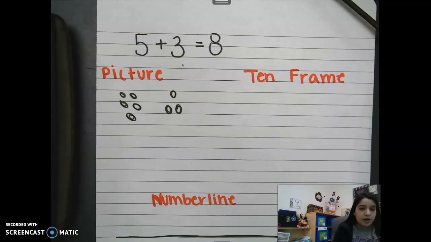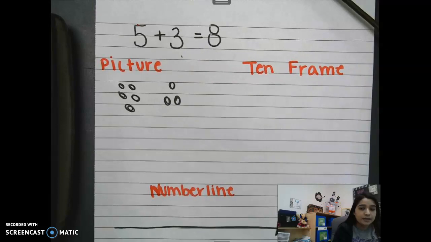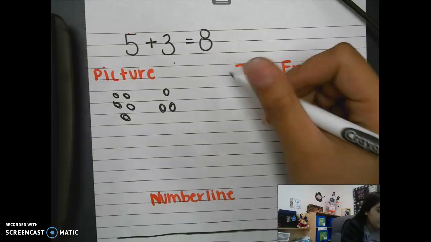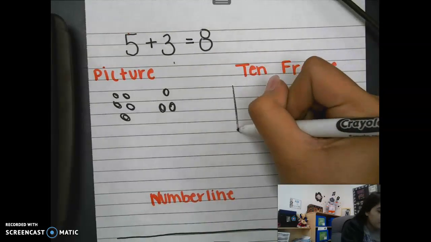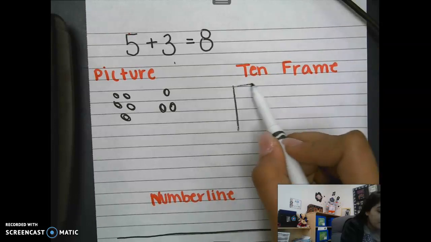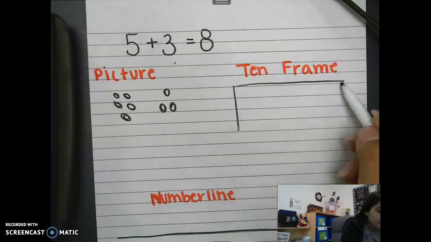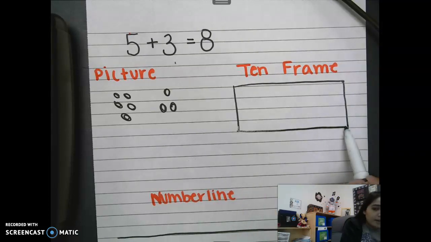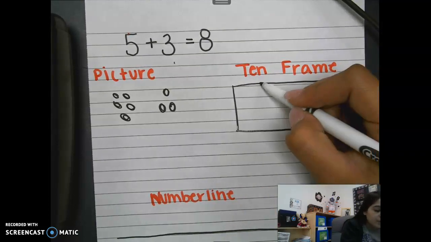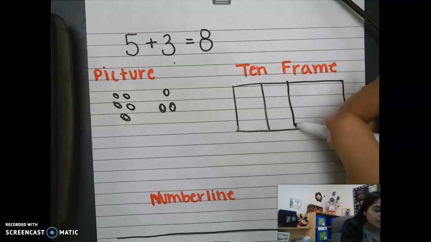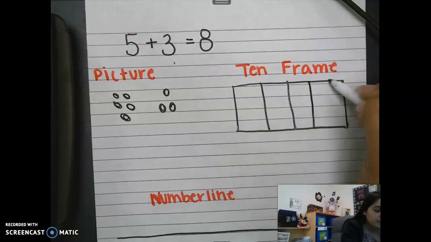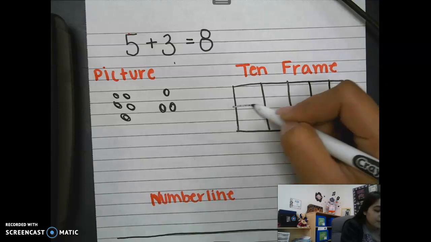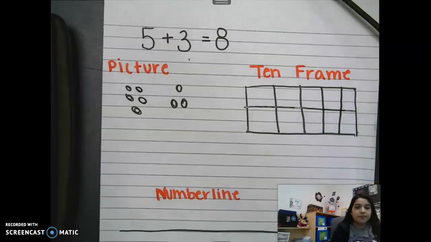So let's go ahead and draw a 10 frame. And remember, we draw a big rectangle and then 4 lines. Just like so. So we have our 10 frame.